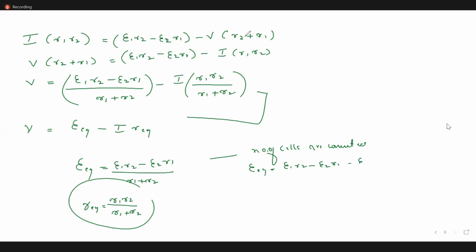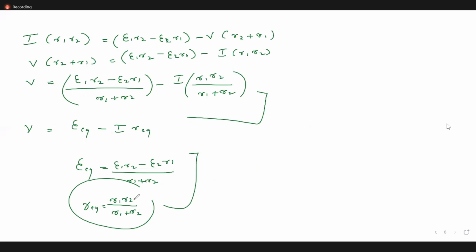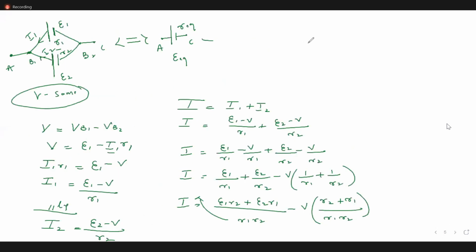So now you can end up here. The question can be asked like this: the expression for the equivalent EMF and internal resistance of two cells connected in parallel.